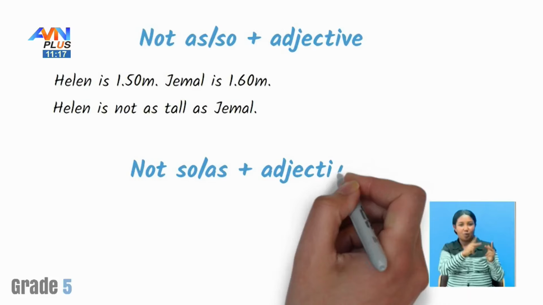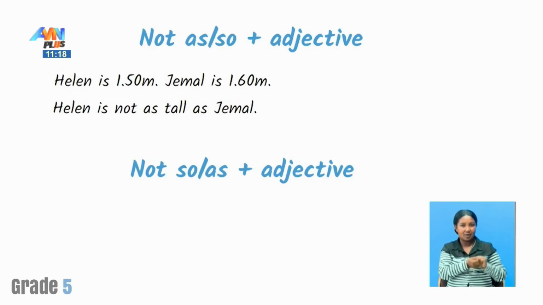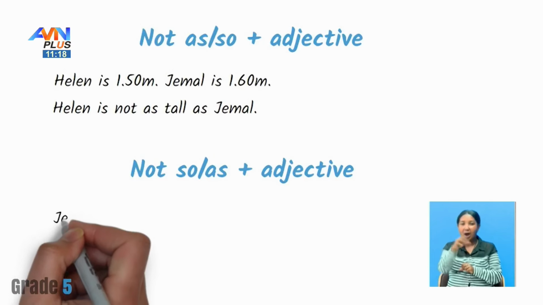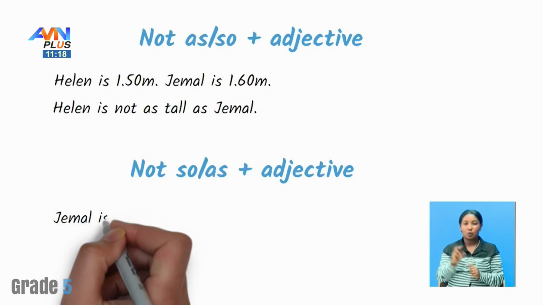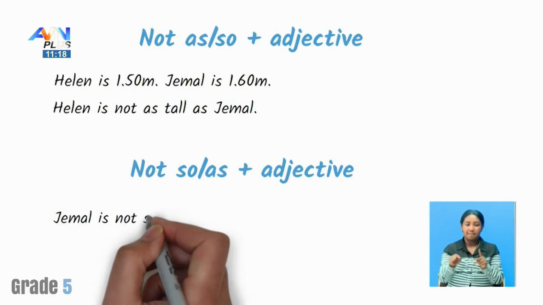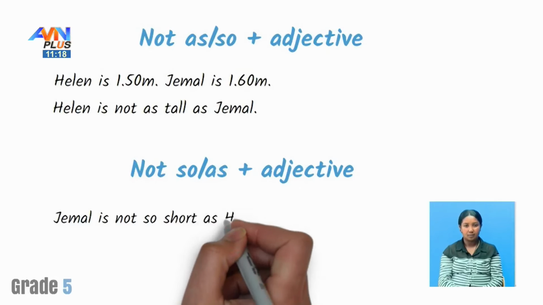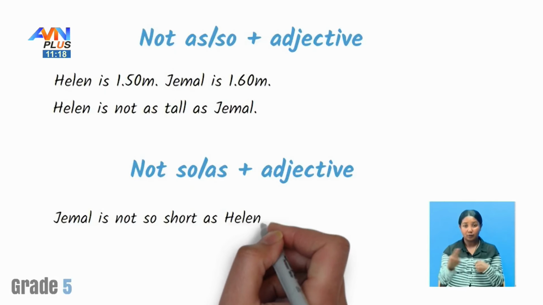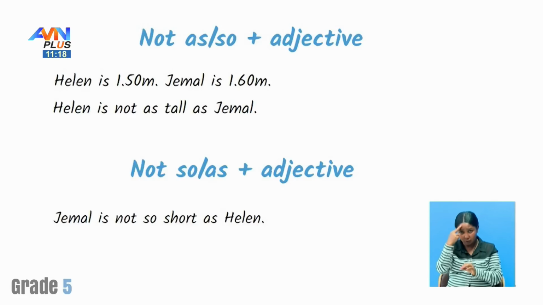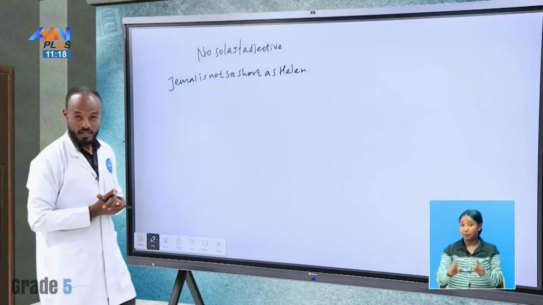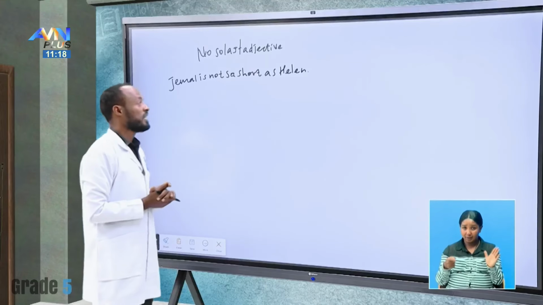When we're changing the position in the not so or not as structure, we have to use the opposite adjective, because it has a different meaning. Jamal is not as short as Helen. Remember their differences. Is that clear? Nice, students.